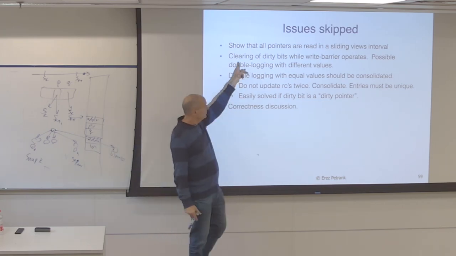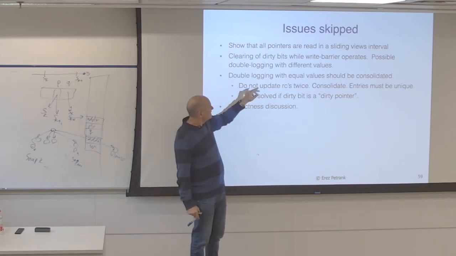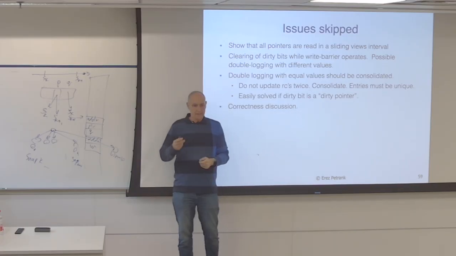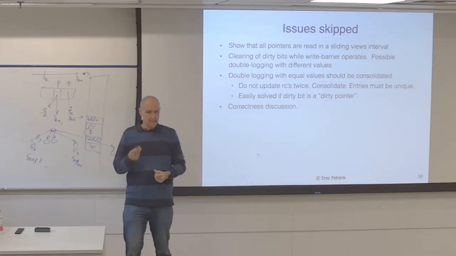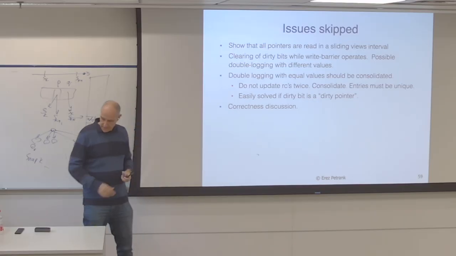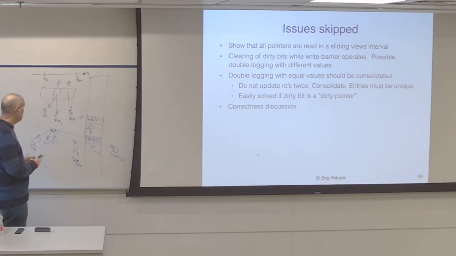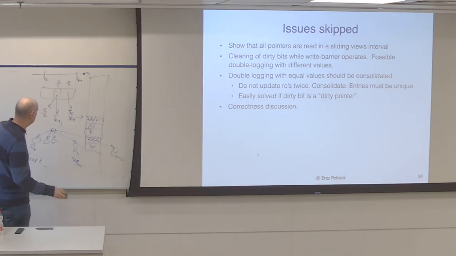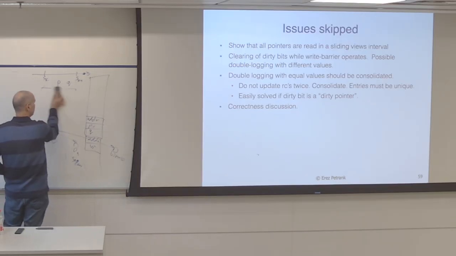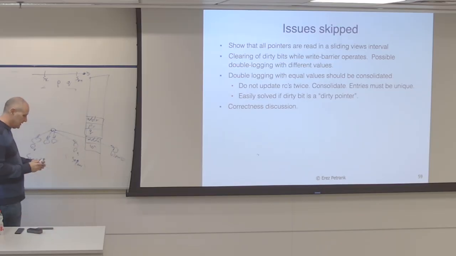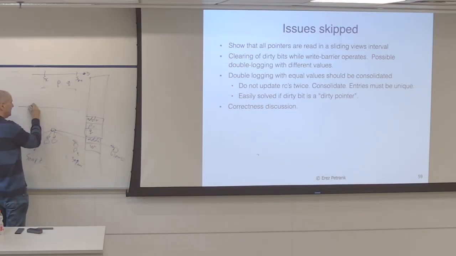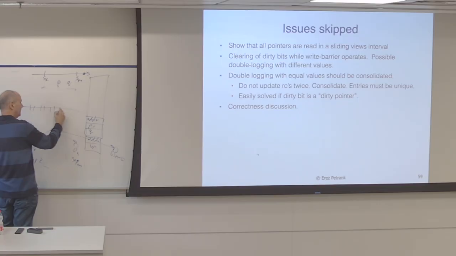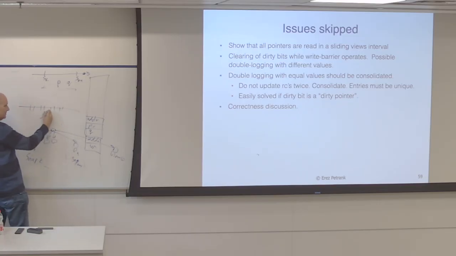The second issue that I'm skipping is that I clear the dirty bits while the write barrier is working. The write barrier is running all the time; we cannot stop it. So I am running these handshakes, and at some point I'm clearing the dirty bit.